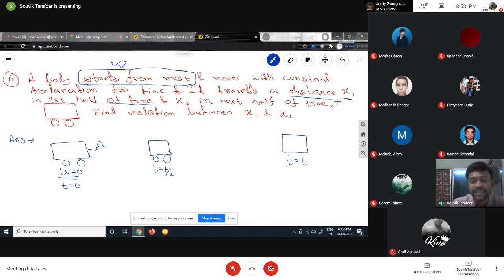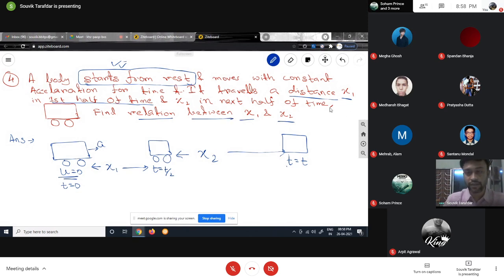So how much distance? x1 distance. So from here to here it is x1 distance. Then the next half, from another t by 2, it went how much? x2 distance. This is the question. So we need to find the relation between x1 and x2.